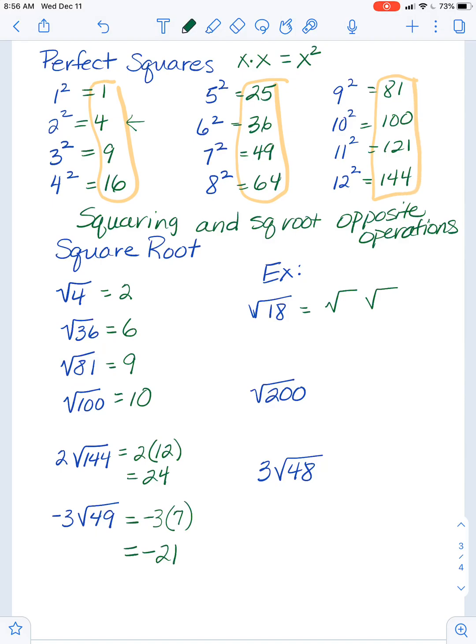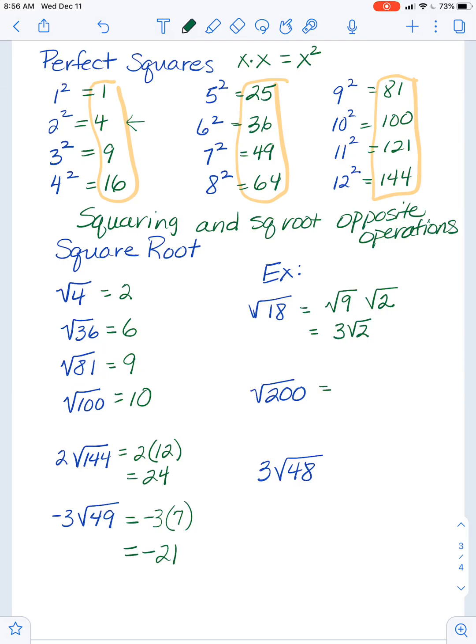I could just start at the bottom. 1 will, but I want the biggest. 4 will not. 9 will. 16, no. And so I'm already up to 18. So 9 has to be the biggest number that will go in there. The square root of 9 times 2. And then we just say, well, the square root of 9 is 3, square root of 2.